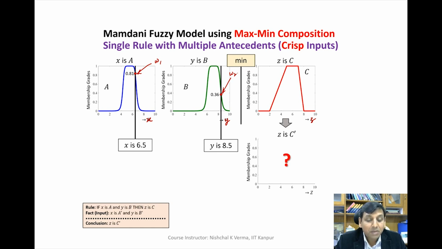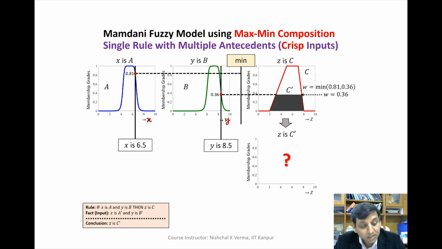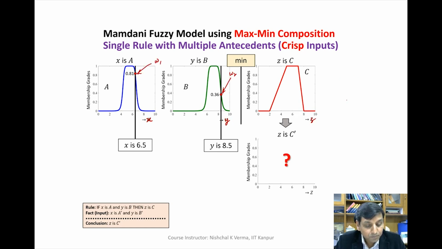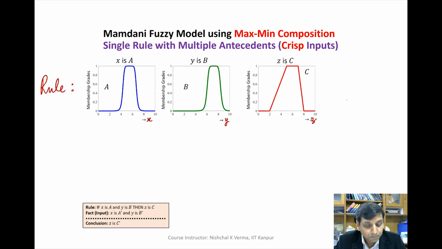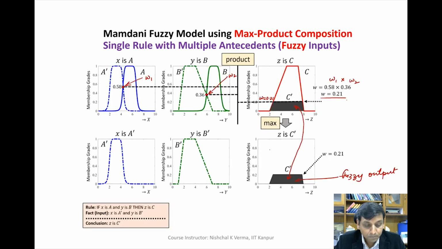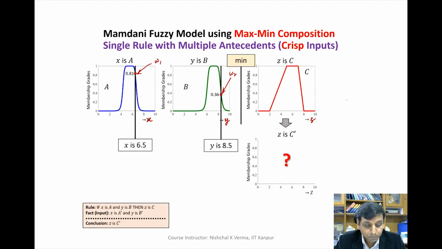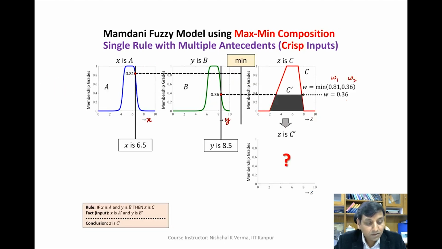Now for max min composition, we have to take the min of these two, min of W1 and W2. When we take the min of W1 and W2, we get 0.36 here.